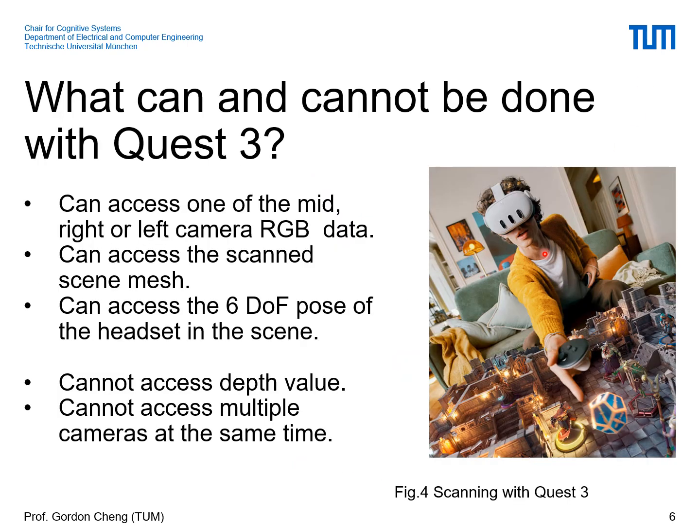So Quest 3 looks like this, and it has 3 cameras, and we can access any of them, and we can access the RGB data of these cameras. But the problem is that the depth value is not accessible because of the privacy reasons of Meta, and we can also not access multiple cameras at the same time, which means if we don't have depth value, we cannot create RGBD images.